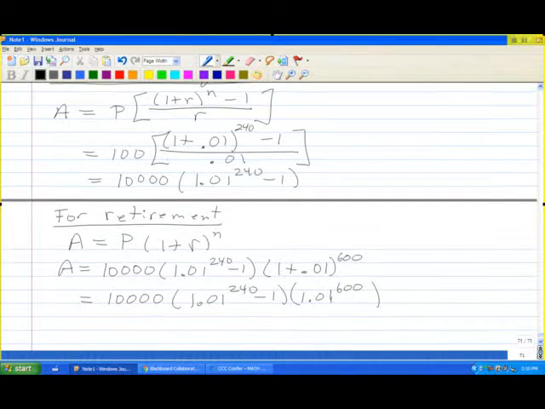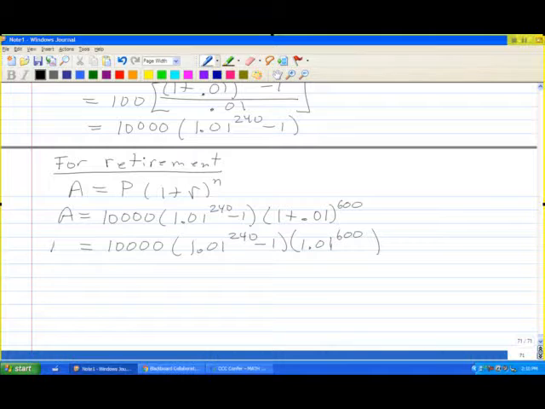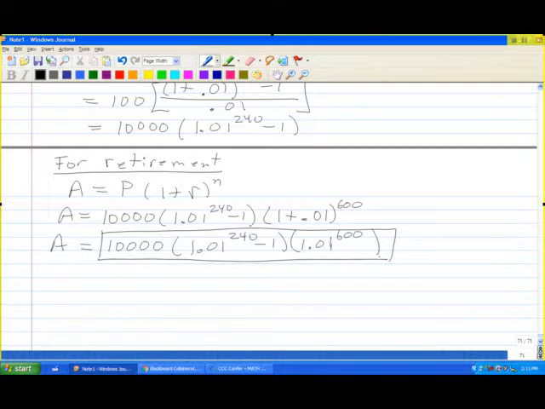Well, that's the exact amount. Let's find the approximate amount.